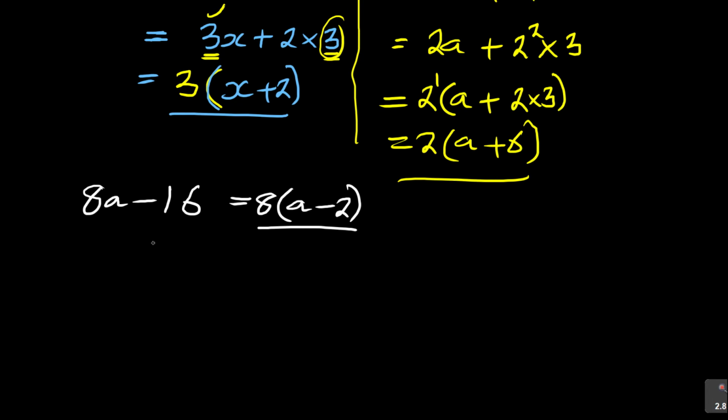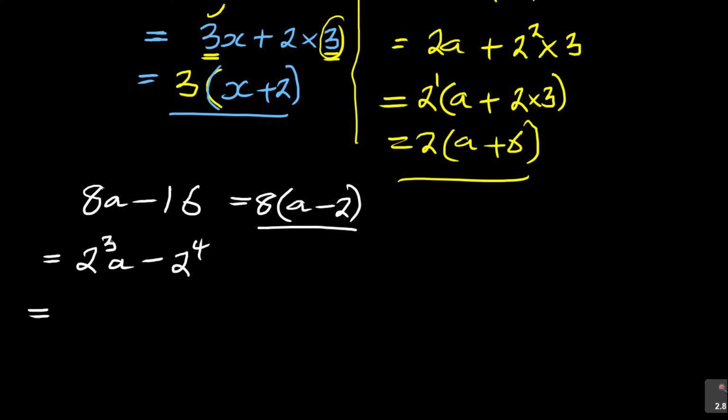So for 8 equal to shift that, it's giving me 2 to the power of 3a minus 16 equal to shift that, it's giving me minus 2 to the power of 4. All right, I choose to do it this version. Now, what did I say? Always focus on the smallest power.